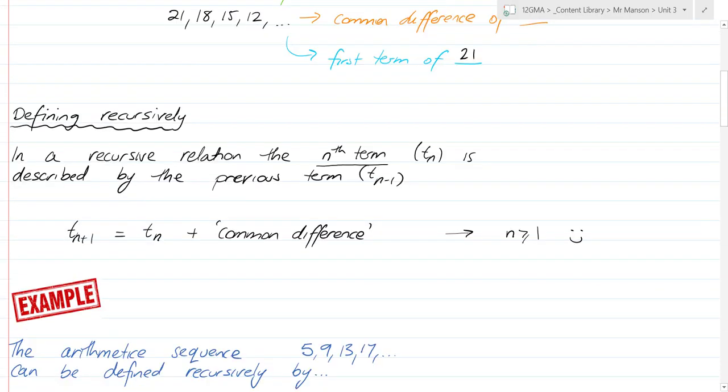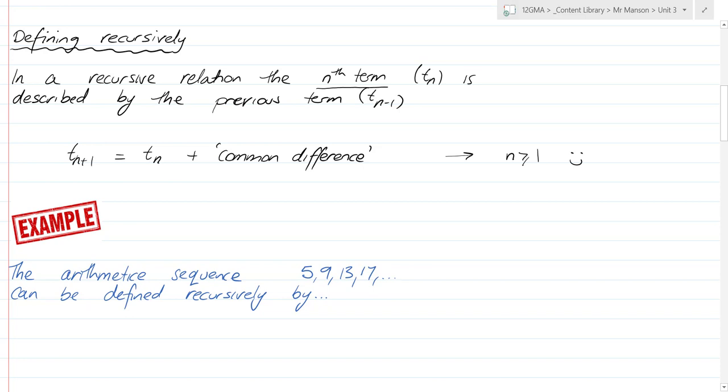So here's our recursive definition. The recursive definition defines the nth term as described by the previous term, tn minus 1. I'm actually going to change this because I changed the previous stuff. We're going to say the n plus 1th term as defined by tn.